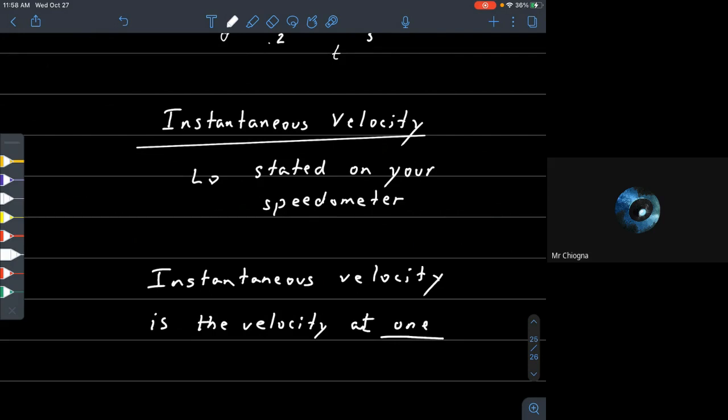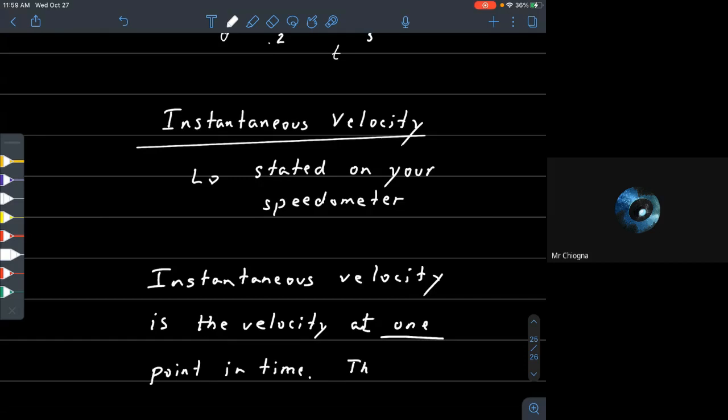I want to underline 1. It's not 2 points. Unlike average, it's 1 point. You only need 1 point, either point B or point A or point C, but not 2. At 1 point in time.